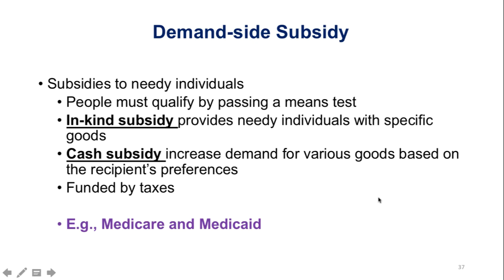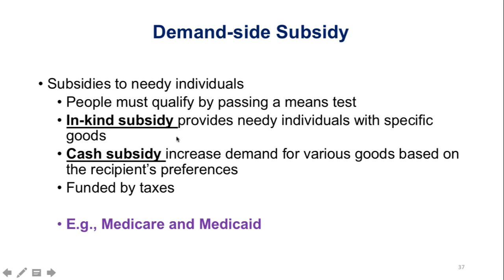The demand side subsidy is a subsidy to needy individuals. This is more direct because people must qualify by passing a means test, so they have to prove that they really need it. There are two types of subsidy, in-kind or cash.